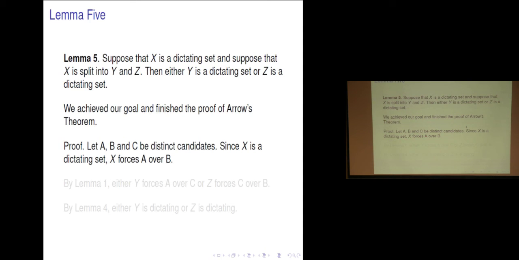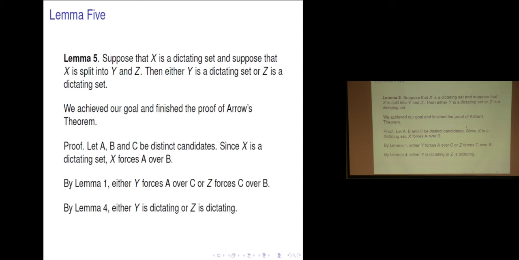So let A, B, C be distinct candidates. Since X is dictating, X can force A over B, right? That's okay. Now bring in C. So by lemma 1, either Y inherits the power to force A over C, or Z inherits the power to force C over B. But by lemma 4, if you can force one pair, then you are dictating.